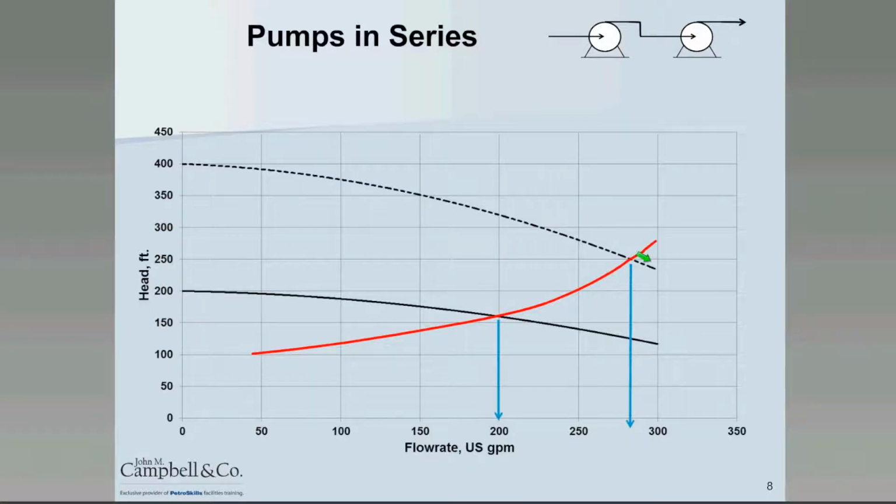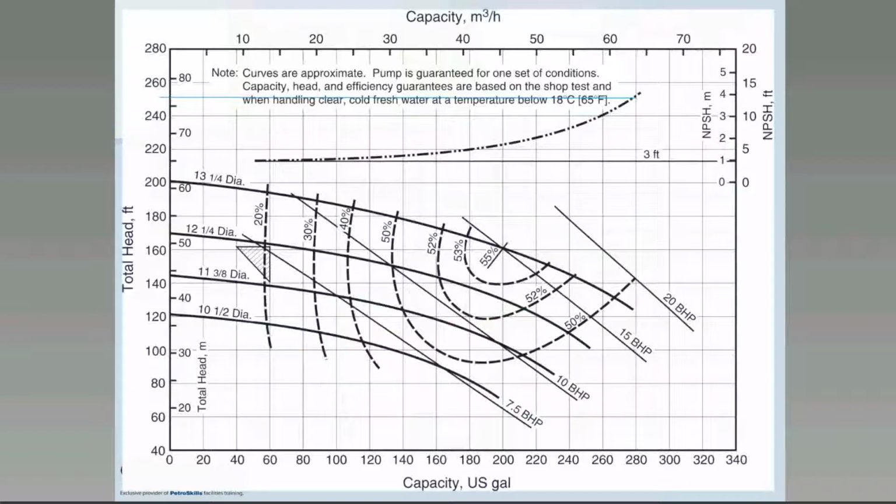So now, if we consider what's happening to the head, we see the pump head here increasing from about 160 feet of head to around about 250 feet of head. So that means that each pump at this point is only moving about 125 feet of head. Let's look at this on the pump curve to get a bit better flavor. So drawing onto here my system curve, there's my operating point for one pump.